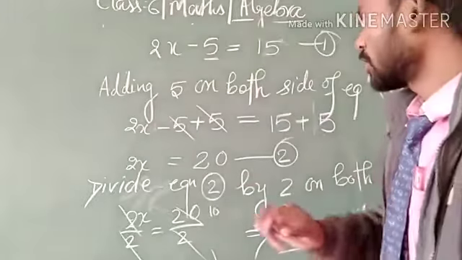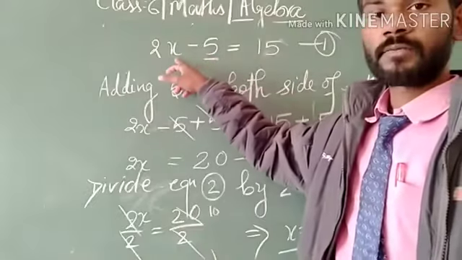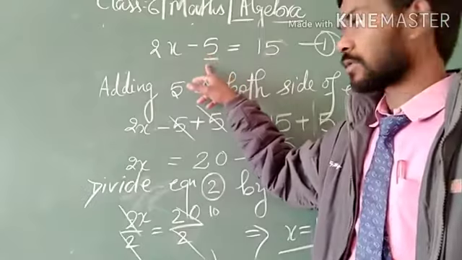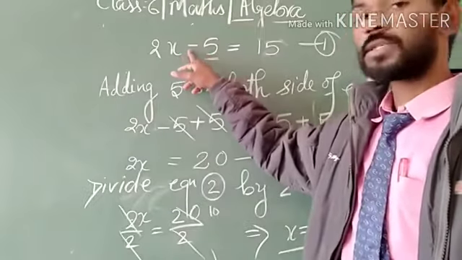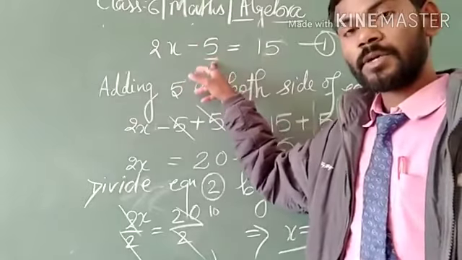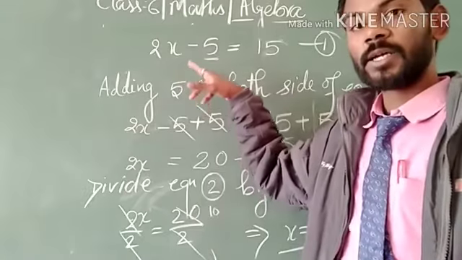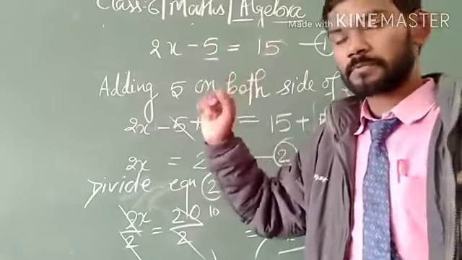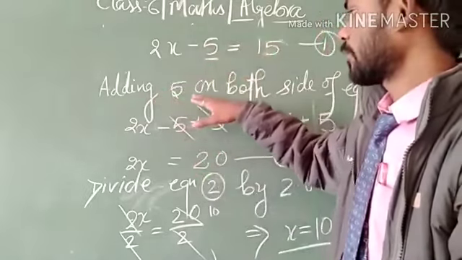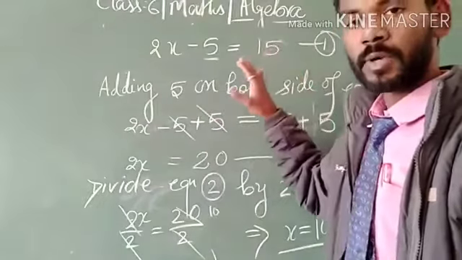So first of all, we can see that 5 has been subtracted from 2x. Therefore, here minus sign has been given. In order to remove 5, we have to operate the opposite corresponding to minus. Therefore, we shall add 5 on both sides of equation 1.